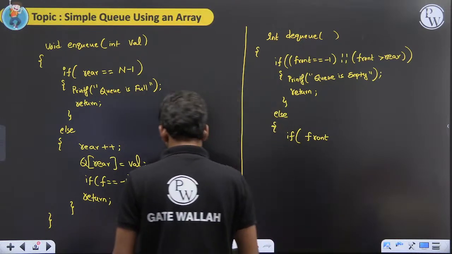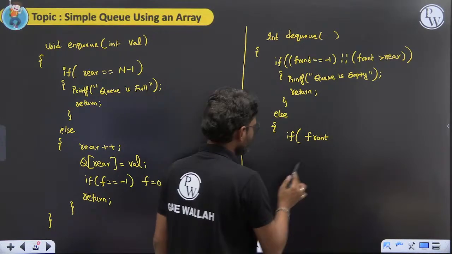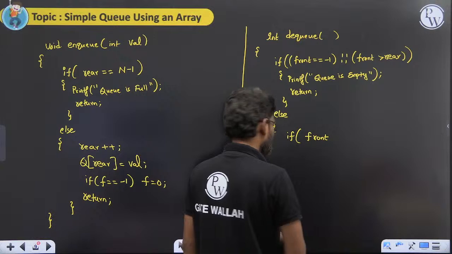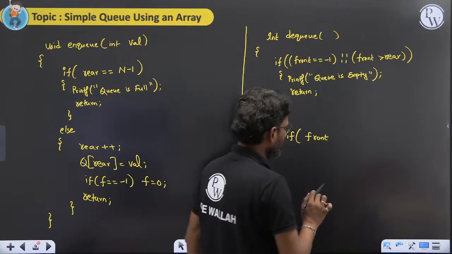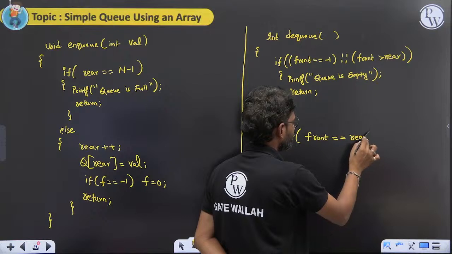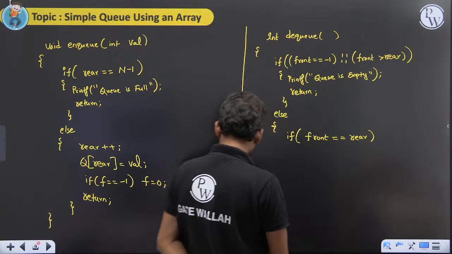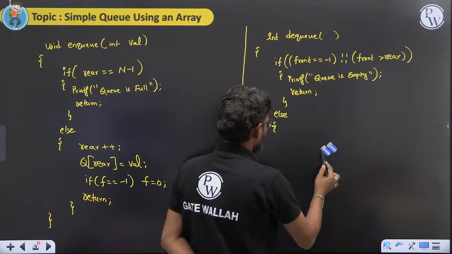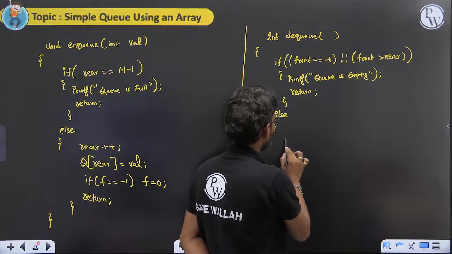Okay, I will change something like this, because with the return actually this is the difficulty. Fine. If front is equal to rear, this is the last deletion. So first let me print here only.